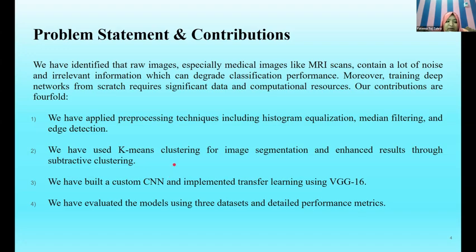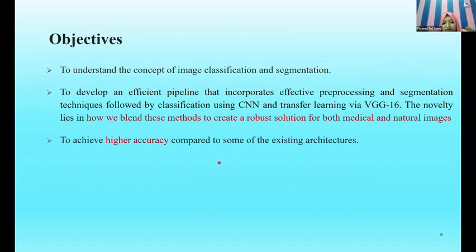We have worked with almost three datasets to analyze the results for our research objective. Our key objective was developing a full pipeline from processing to classification, testing our approaches on both medical and neural images, enhancing the model accuracy and generalizing, and demonstrating the power of combining traditional clustering with deep learning techniques.